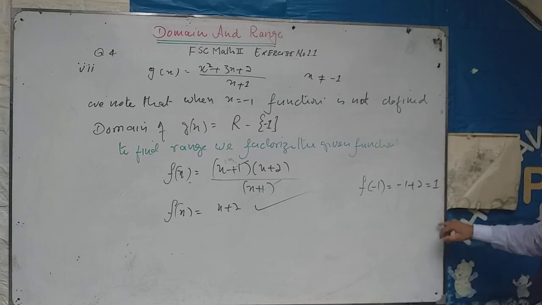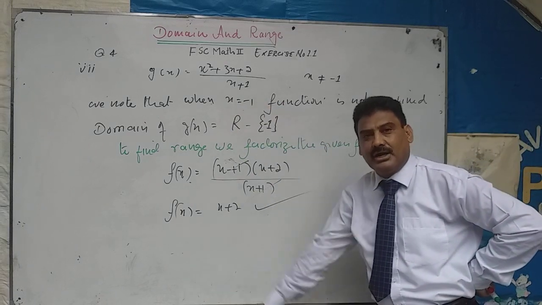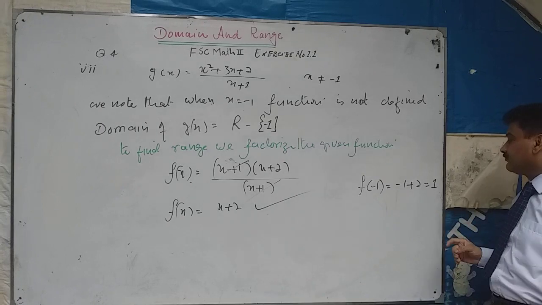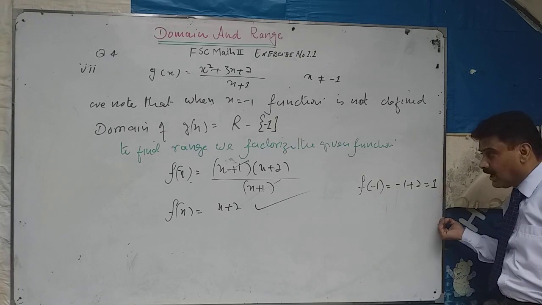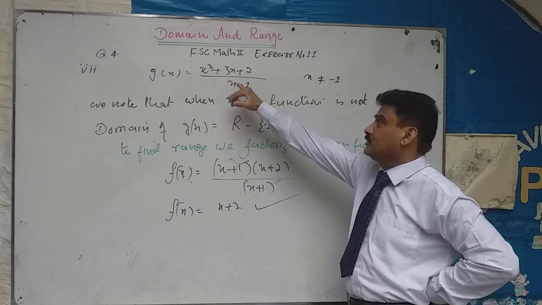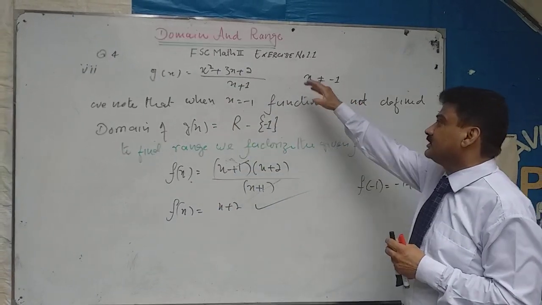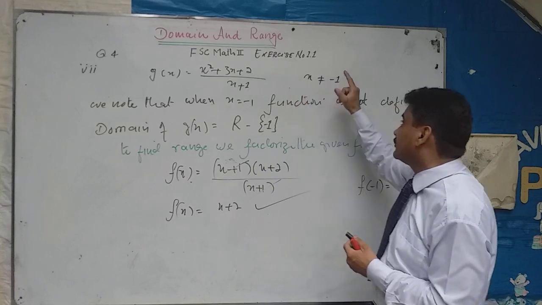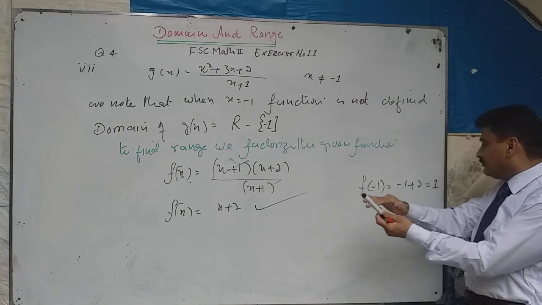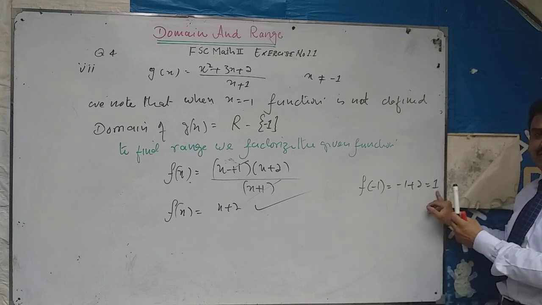Can you tell me whether 1 is included in our range or not? 1 cannot be included in our range because 1 would occur at x equal to minus 1, but x equal to minus 1 is not included in our domain. At x equal to minus 1, the function is not defined. When we cannot take x equal to minus 1, how can we take the function value 1?